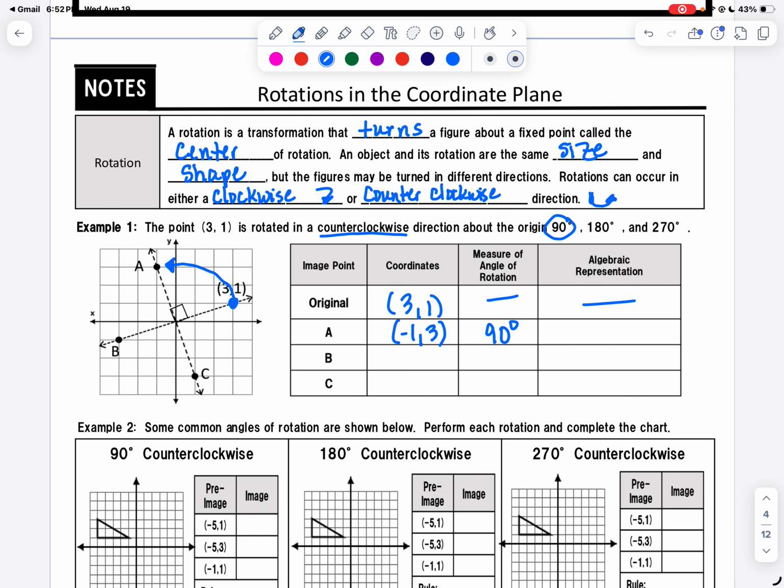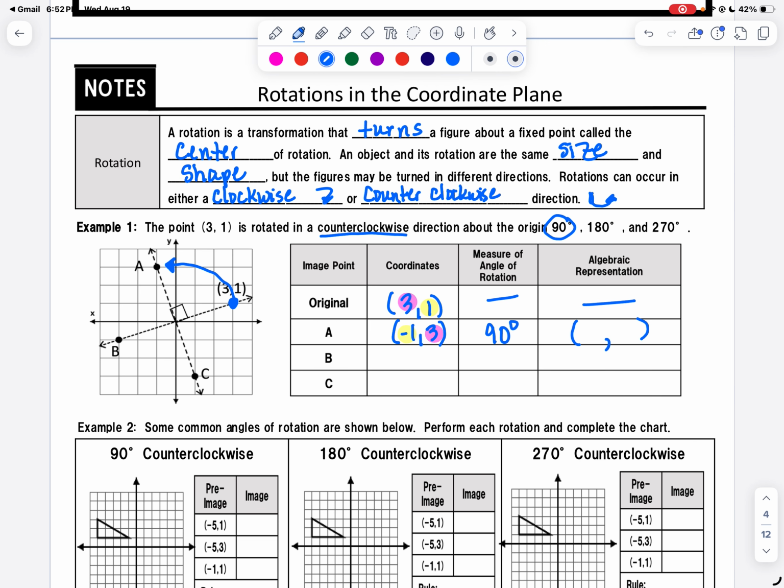Now, the algebraic representation of it, in other words, what is the rule here? I want you to notice that the x and y swapped places, but the y also changed to the opposite sign.